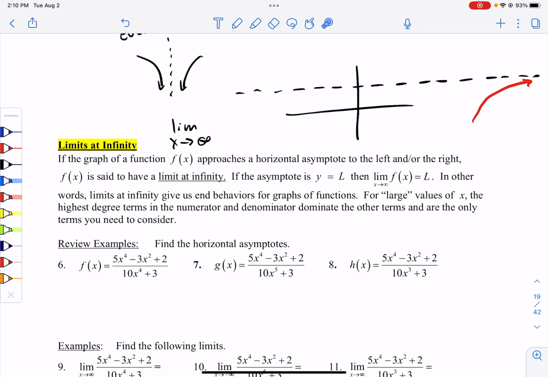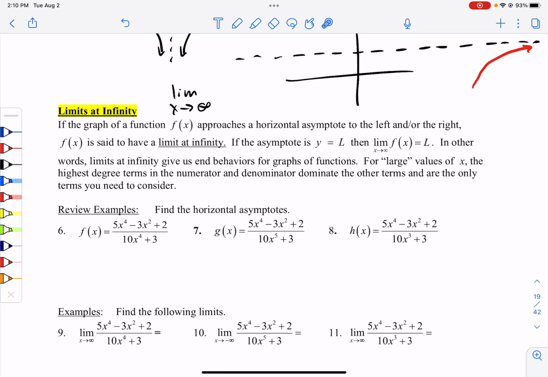Numbers 6, 7, and 8 want us to do this the way that is kind of a review of secondary math 3. What you were taught in secondary math 3 to find horizontal asymptotes, you would look at the biggest degree on the top, which is right here, x to the 4th, and the biggest degree on the bottom, which is also x to the 4th.